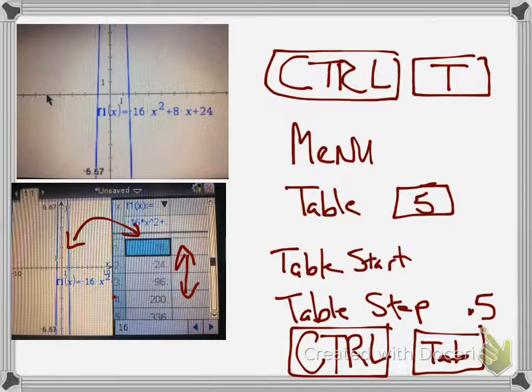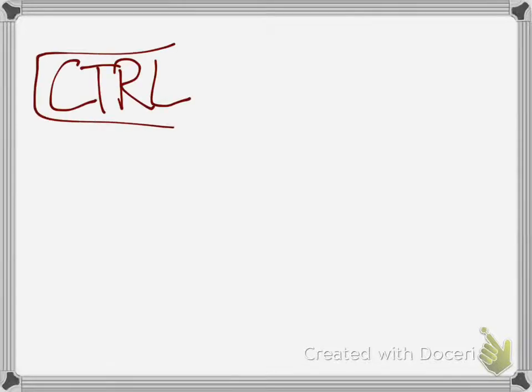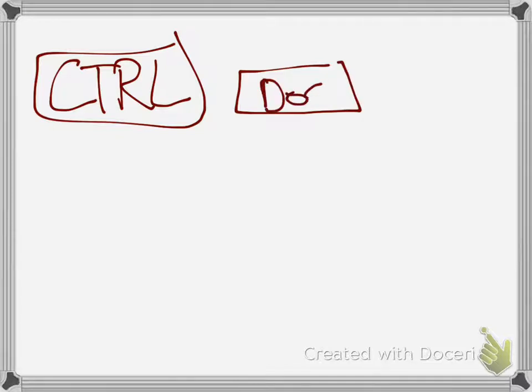Now, the reason why I like to be in this page is because if I want to add a new function, rather than just do a whole brand new thing, you can press Control. Notice a lot of these are with Control, and then Doc, and they will give you a choice for new pages, and then you can add a new page, and let's say you could add a new graphing page.